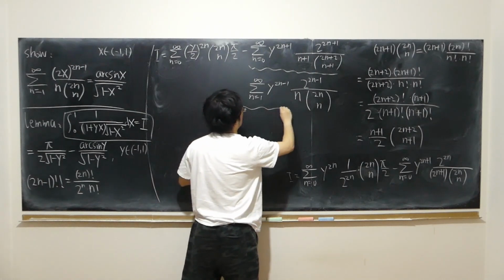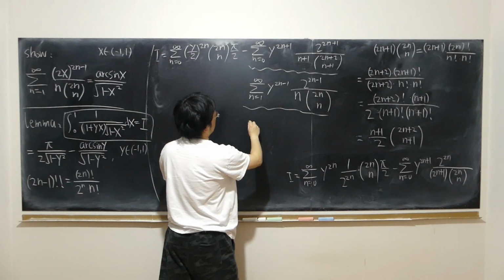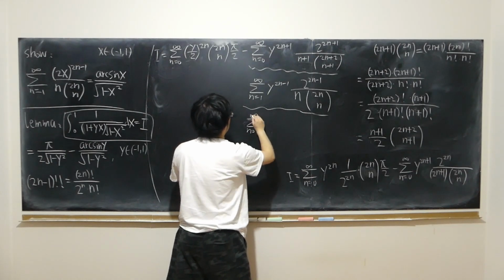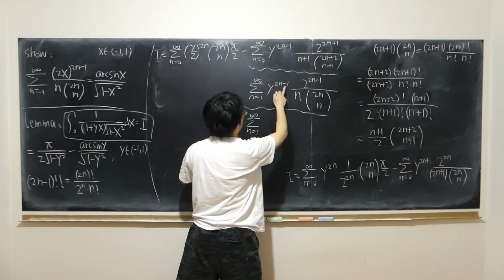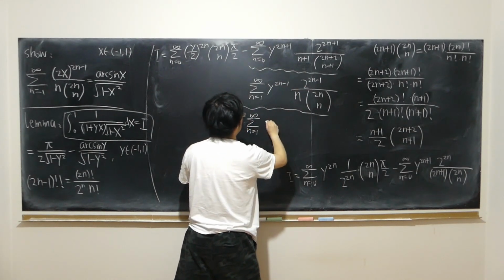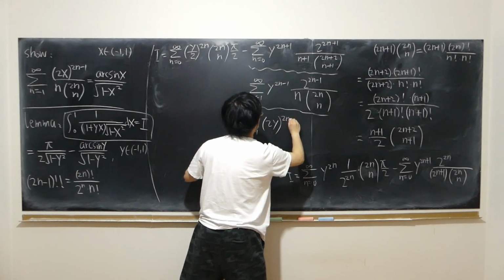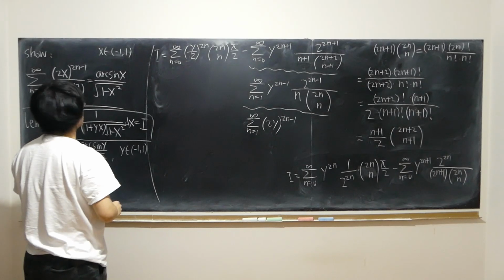Then I can combine those two terms, because they have the same power, 2n minus 1. So 2y. I'm getting very close.